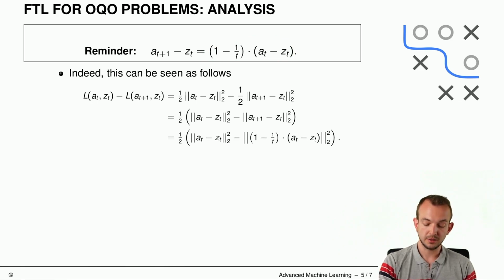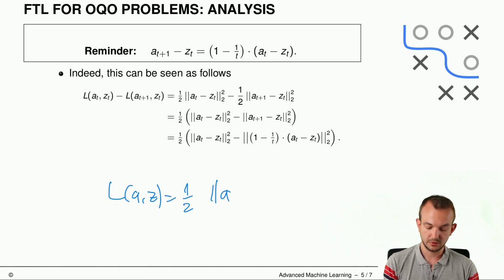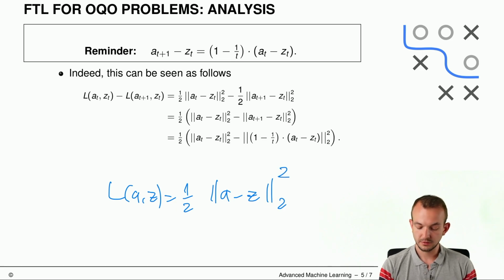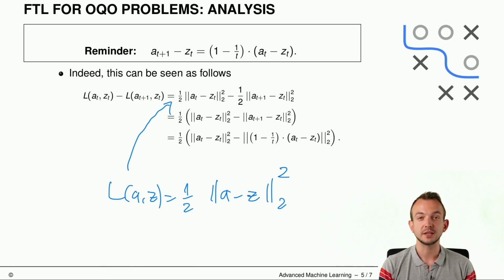So let's plug in the definition of the loss function. So again, what is our loss function? It's the quadratic loss function, where we look at 1/2 of the squared Euclidean distance between the input, A and Z, action and environmental data point. And this is essentially what we use here with the two respective pairs we have there. So AT and ZT and AT plus 1 and ZT.